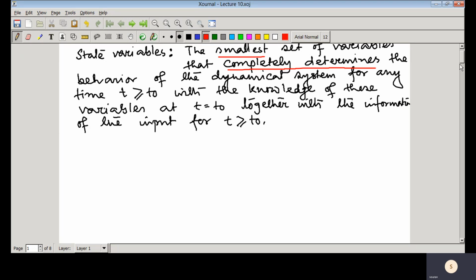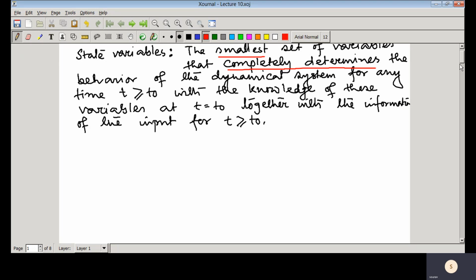And there are some important aspects of this technique, because in transfer function based modeling, just by looking at the denominator degree we can say the order of the system.